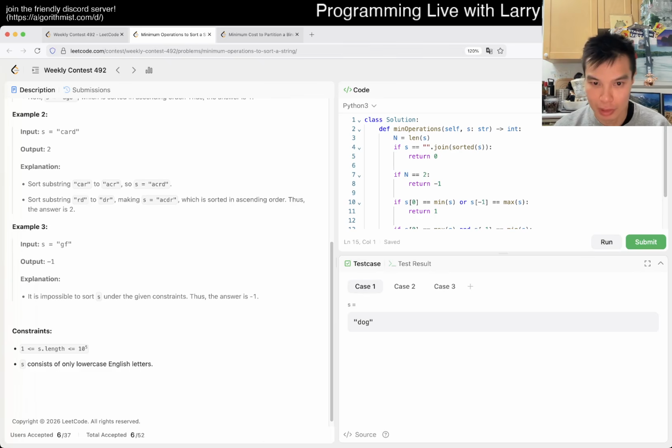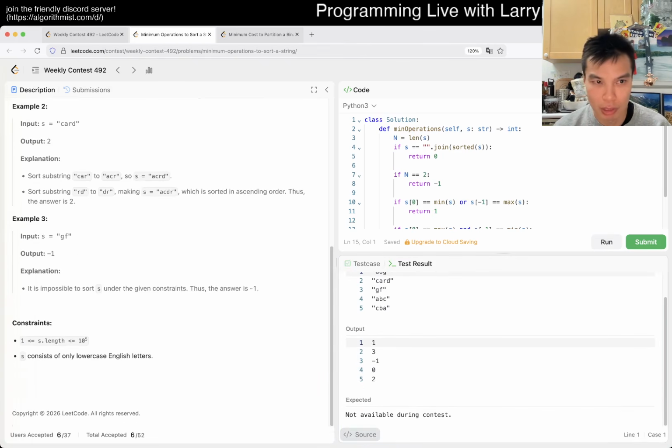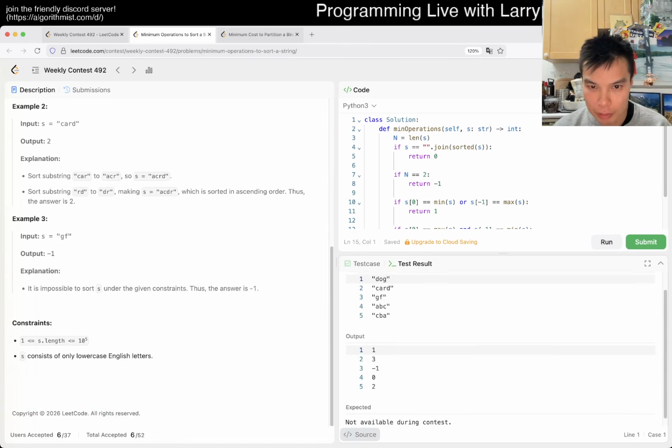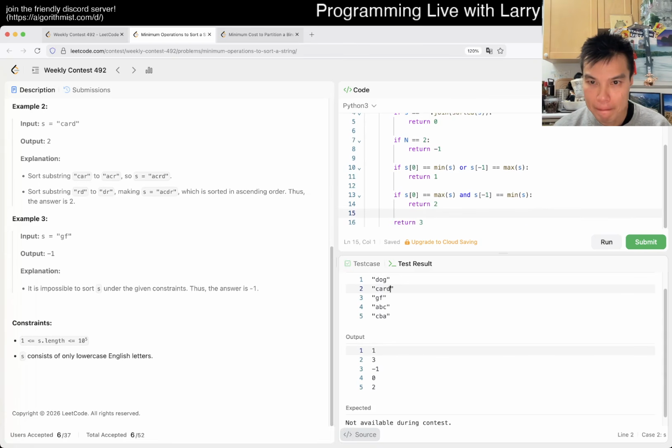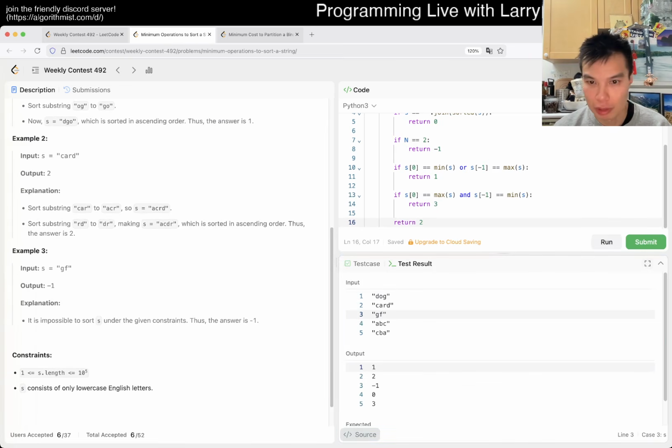What is this? I guess it's not set up for Larry yet. ABC, CBA. Right. 1 chord is 3, that's wrong. Why do I have 3 here? Oh no, this is 3. Otherwise it's 2. Whoops, I messed up. Okay, that's why. CBA, okay.